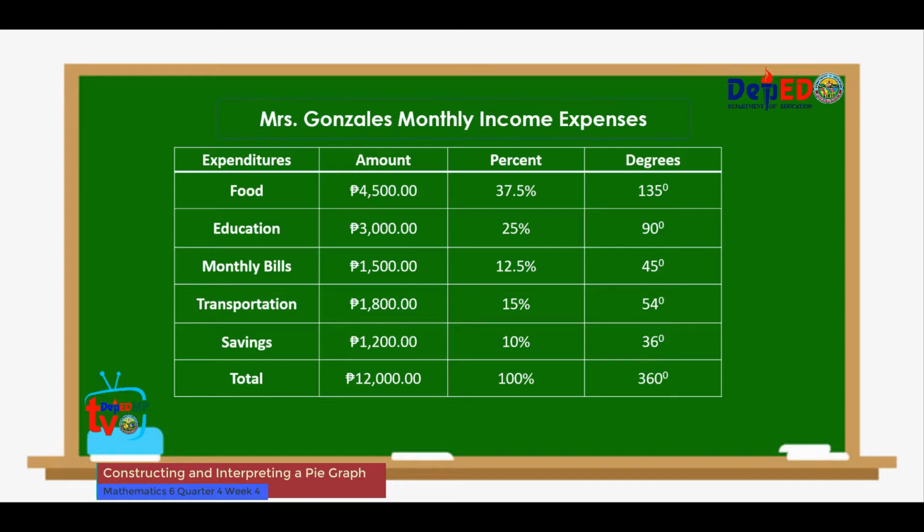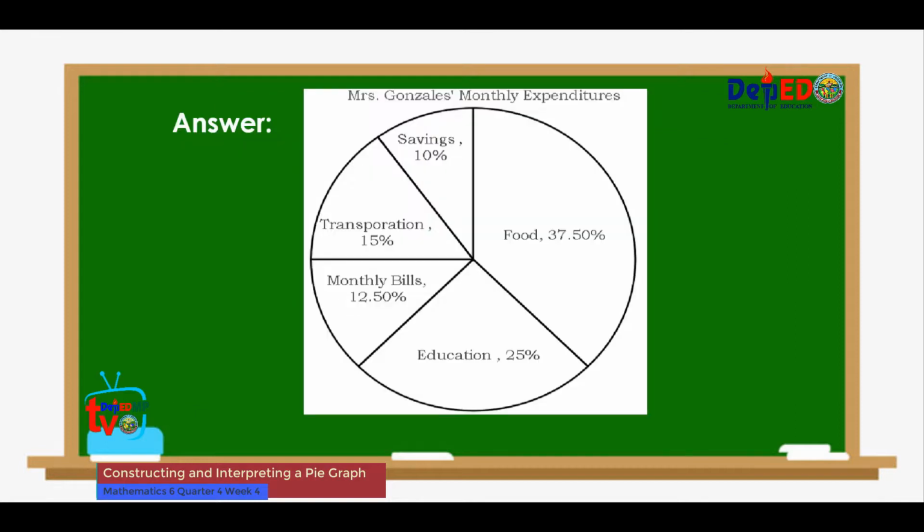You are given 5 seconds to make your own pie graph. Time's up. So this is the pie graph of Mrs. Gonzalez monthly expenditures.